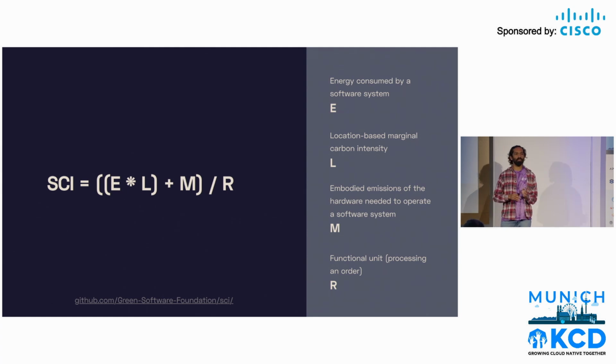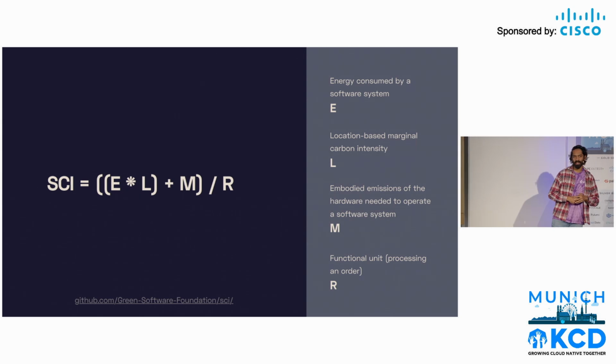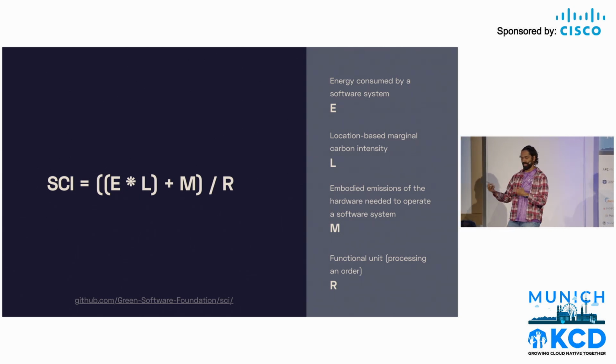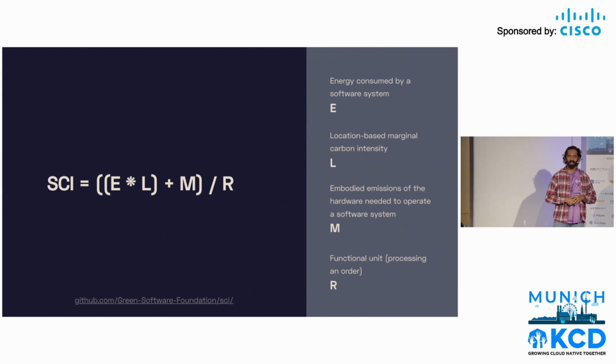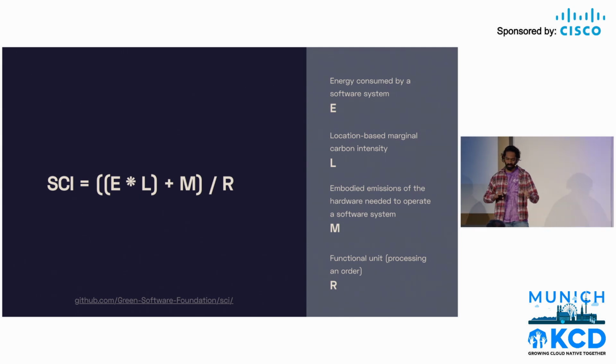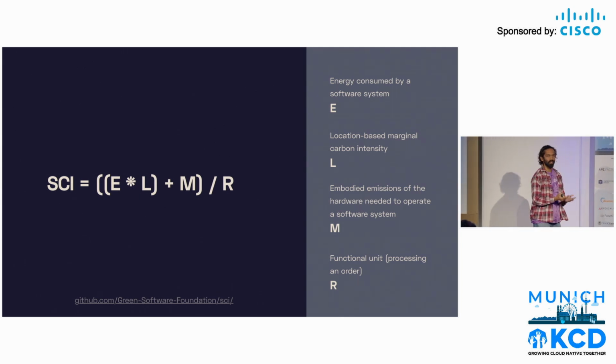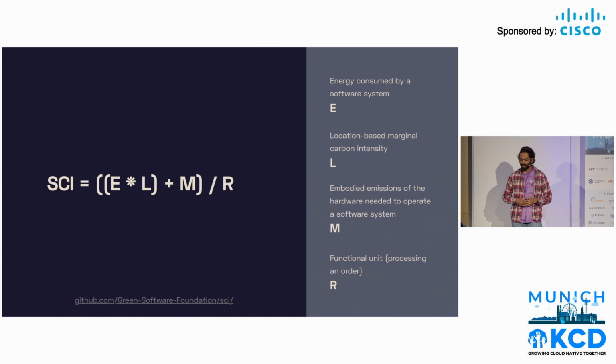For example, if you're deploying to US East 1 versus Frankfurt region in AWS, the location-based carbon intensity is very different, because how each region gets their cooling, their water, and how they operate their data centers is very different in different parts of the world. So even that matters. So you have this formula to actually calculate your software carbon intensity.